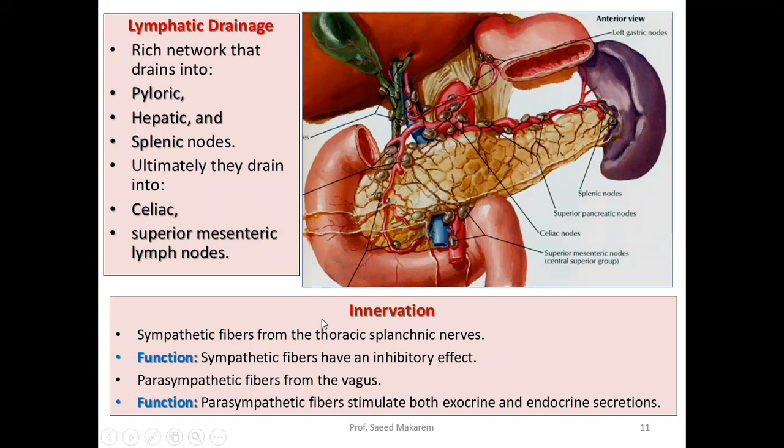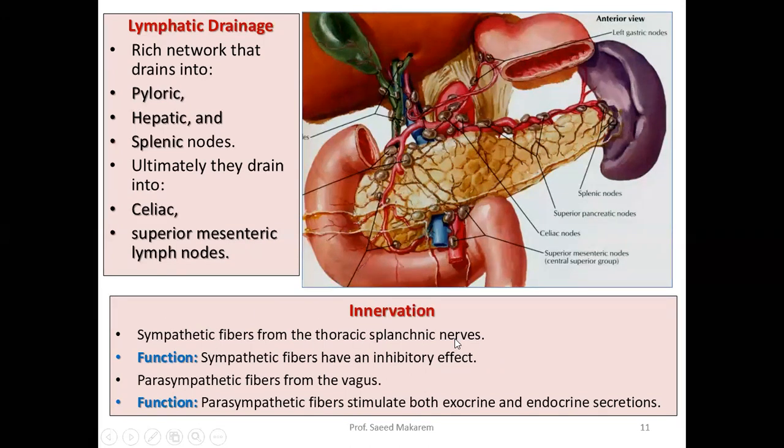Coming to the innervation, the sympathetic fibers come from the thoracic splanchnic nerves, which supply the pancreas. What is the function? Sympathetic fibers have an inhibitory effect, so they will decrease the secretions.